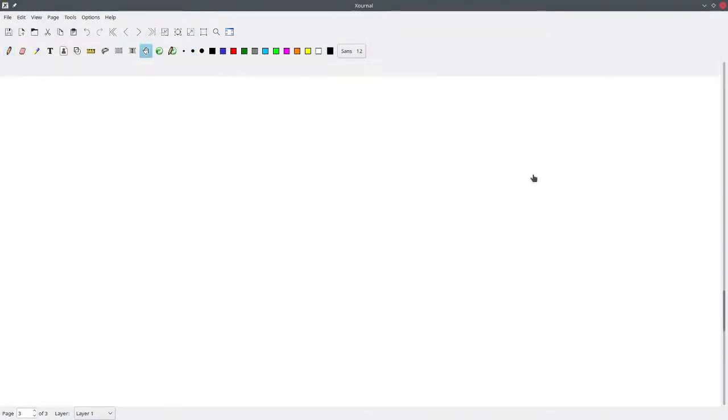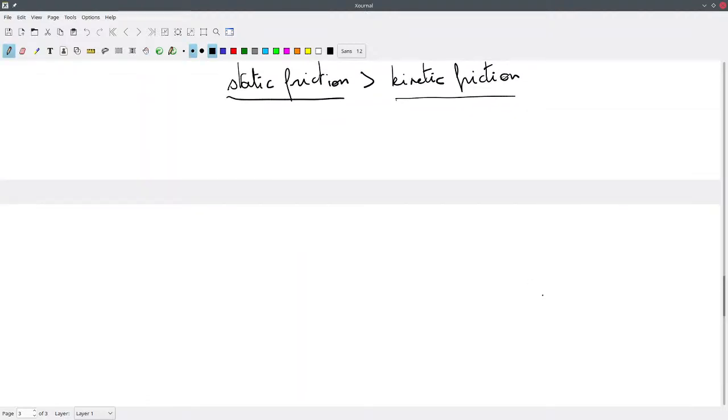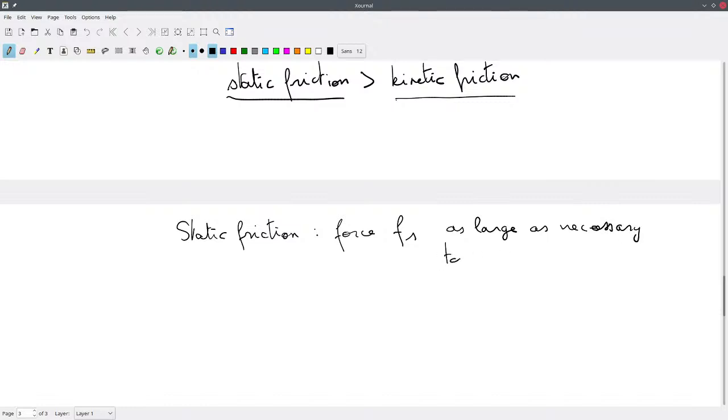If we write down static friction there, static friction will be a force Fs, and Fs will be as large as necessary to prevent motion, but as long as Fs is less than or equal to mu s times the normal force.